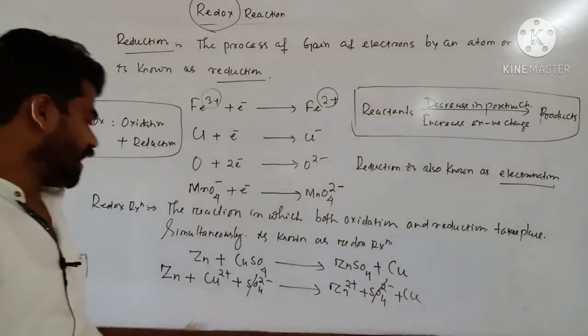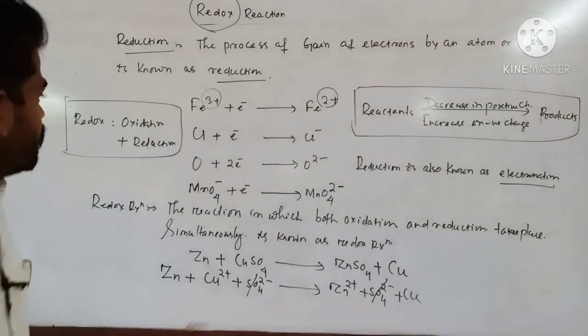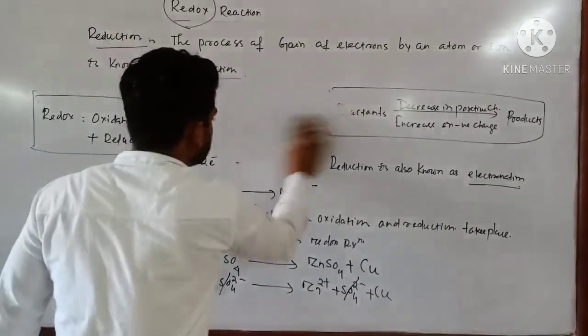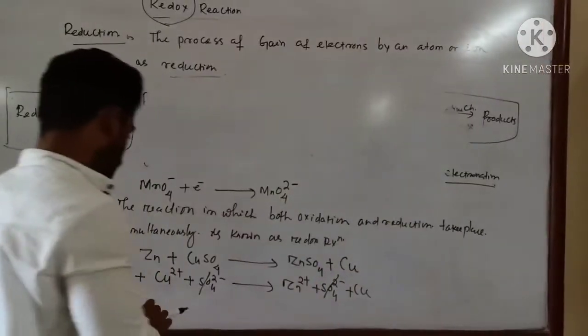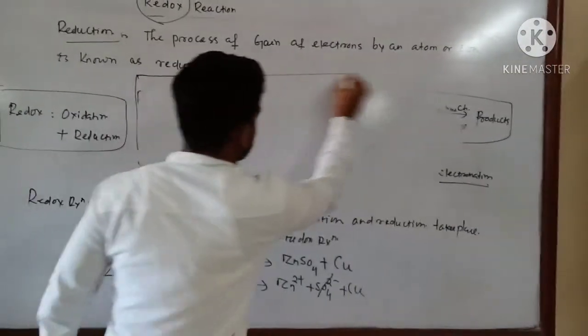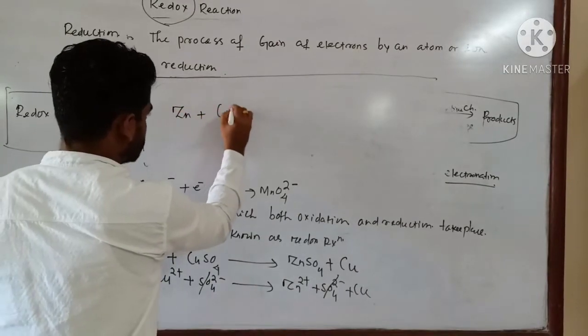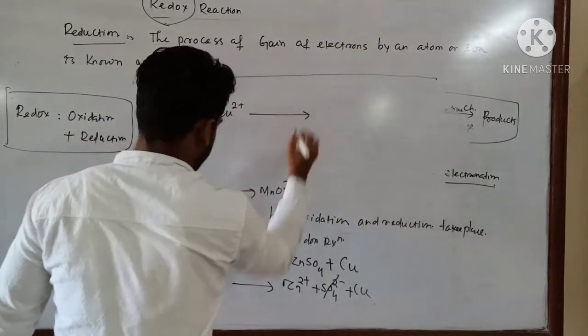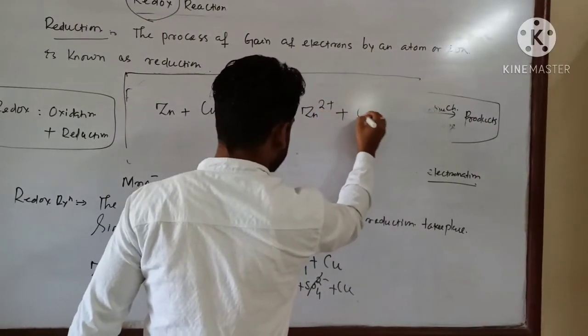So final equation I am getting over here, you see, Zn plus Cu2+ get converted into Zn2+ Cu.